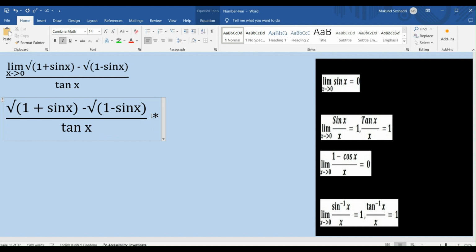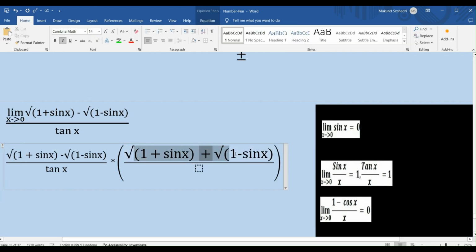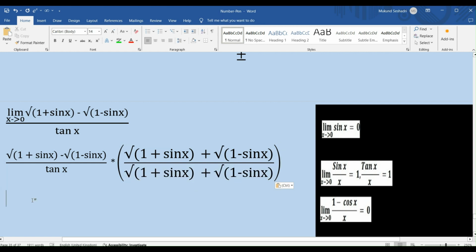And when I do a rationalization, it makes it easier if I represent it like this. Right, there we have our expression, and we know that.